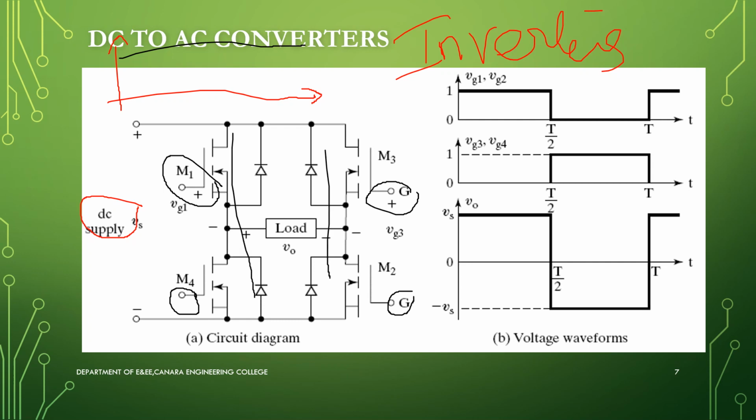We should see that M1 and M4 will not conduct at the same time, as well as M3 and M2 will not conduct at the same time. So what has to be done? You have to make M1 and M2 conduct. After that M3 and M4 have to conduct. So how does the current flow when M1 and M2 are conducting?